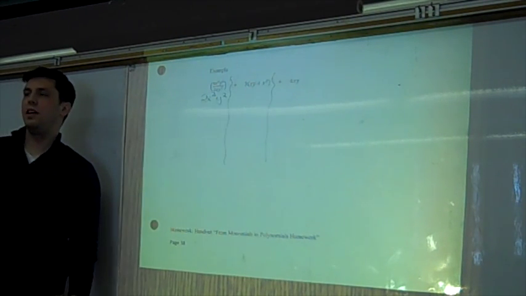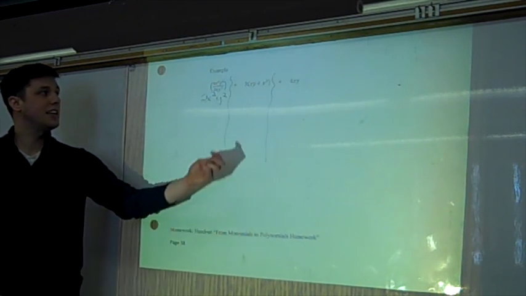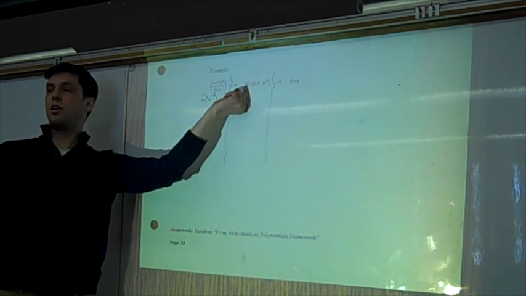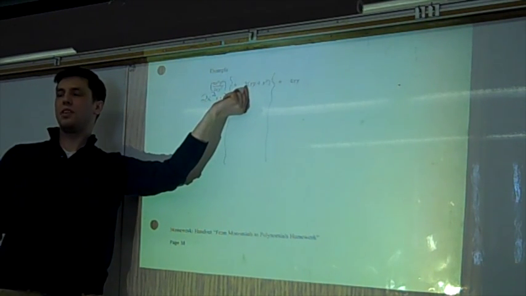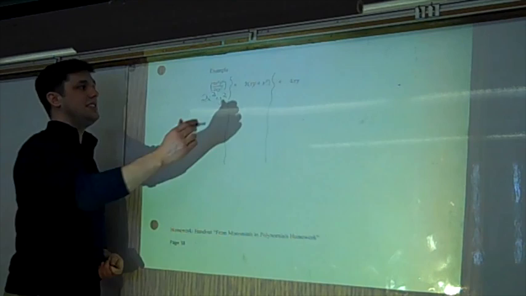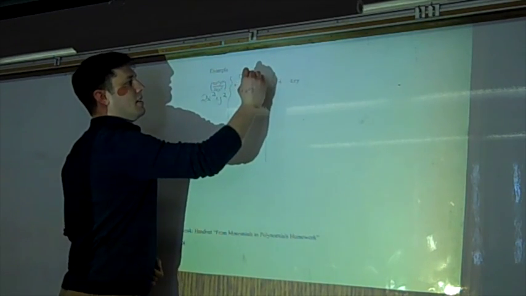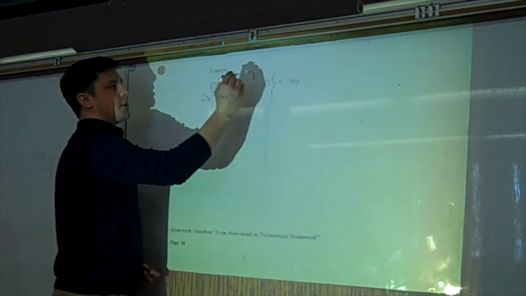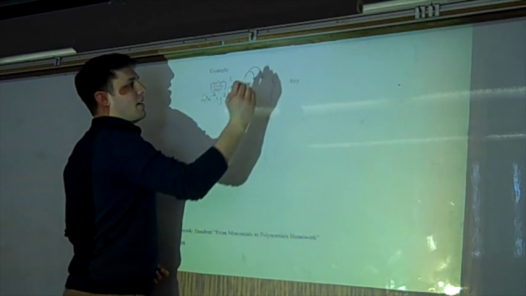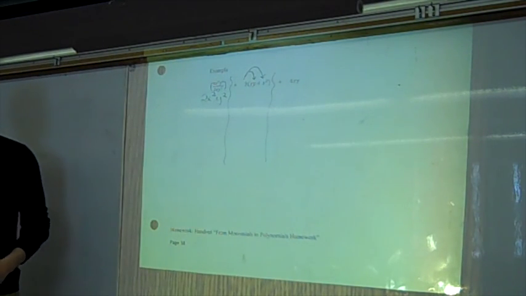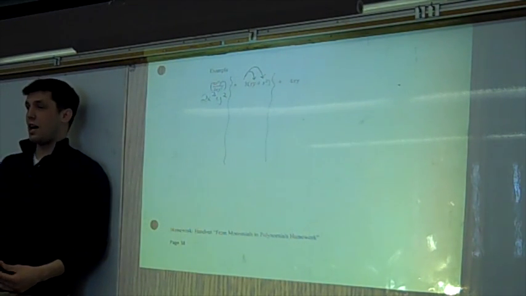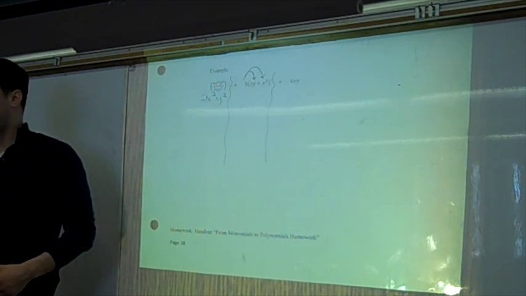This one is distributing. And if you remember distributing, you take the number or the term that's multiplying with the parentheses, and you give it to each term on the inside. So the positive 3 multiplies with the xy and with the x squared. 3 times xy is 3xy.